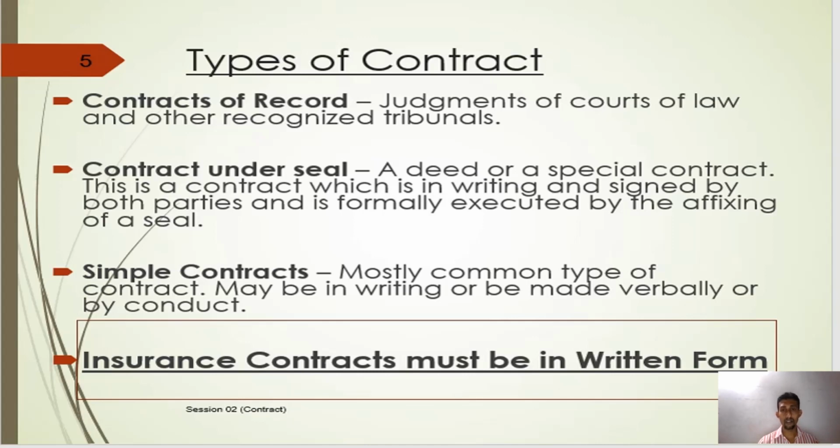So these are the key features that we see in an insurance policy. The contracts of record, judgments of the courts of law and other recognized tribunals. So the contract has to be recorded. And also contract under seal, a deed or a special contract. This is a contract which will be in writing and signed by both parties and is formally executed by the affixing of a seal. So another key feature in terms of a policy where there is a seal, an official seal is imposed.